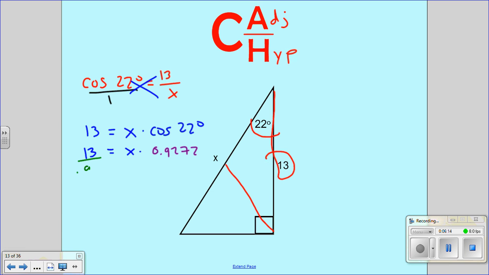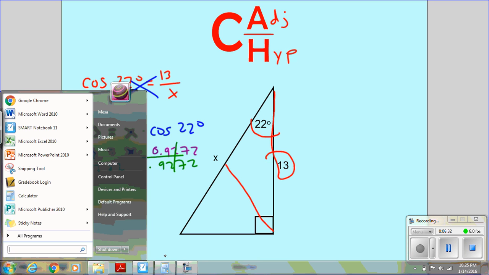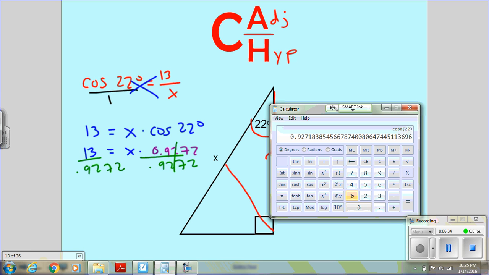So 0.9272. So now I have to take 13 divided by 0.9272. 13 divided by 0.9272.